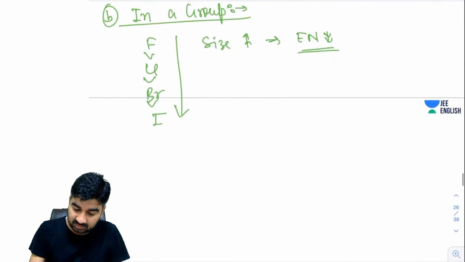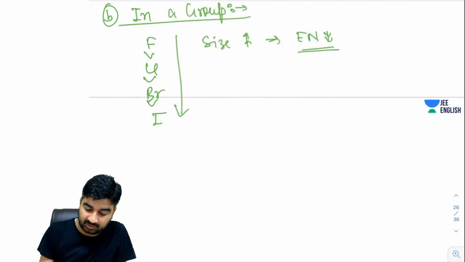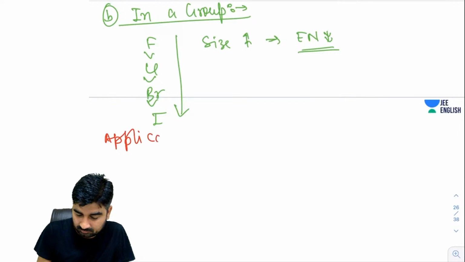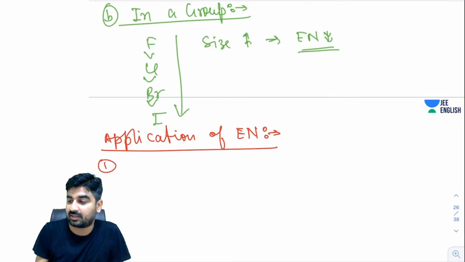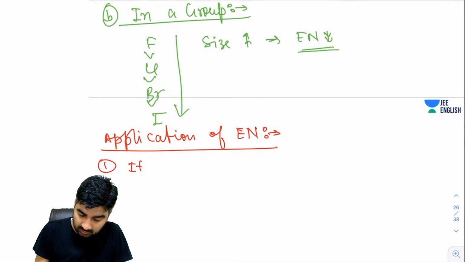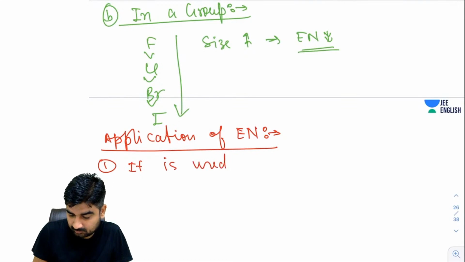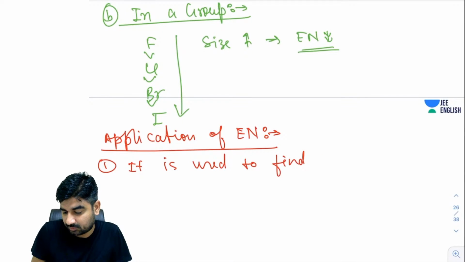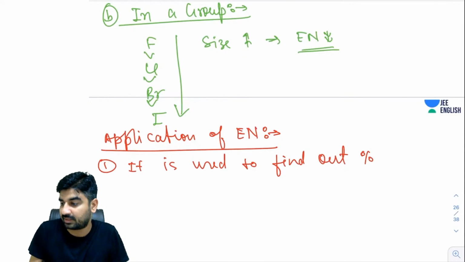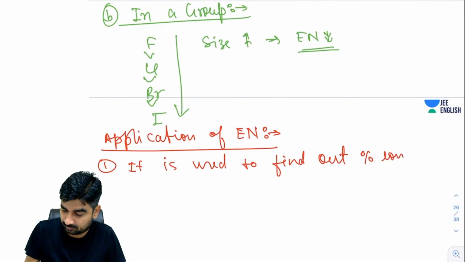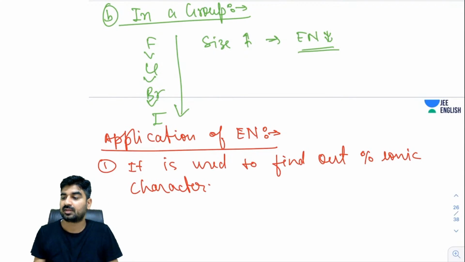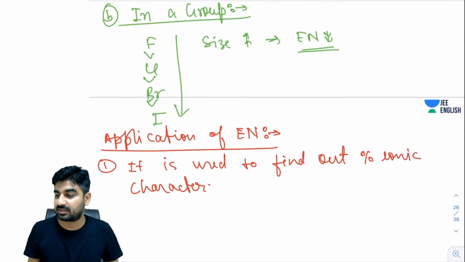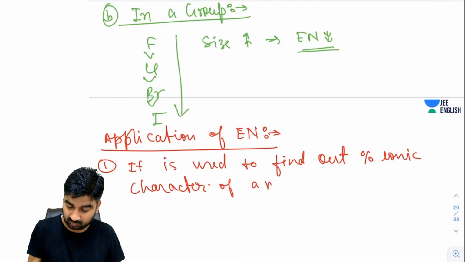Now the point is application of electronegativity. Where do we use it? The first application is it is used to find out percentage ionic character of a molecule.